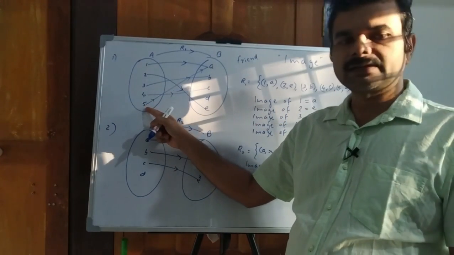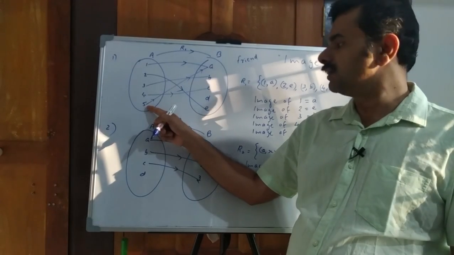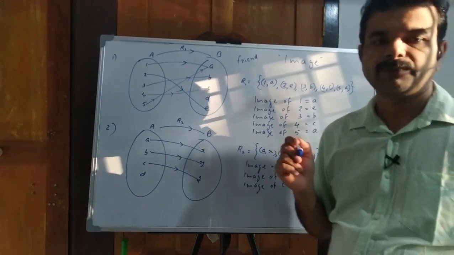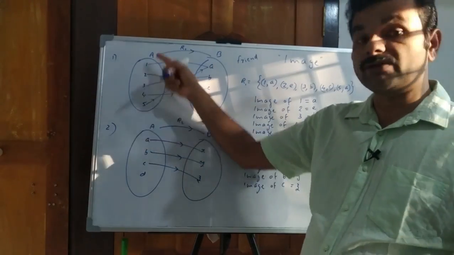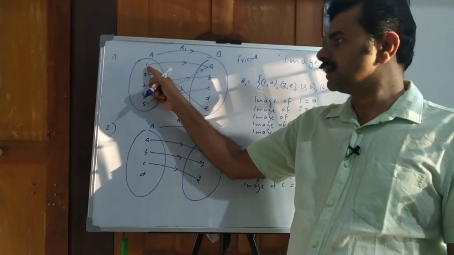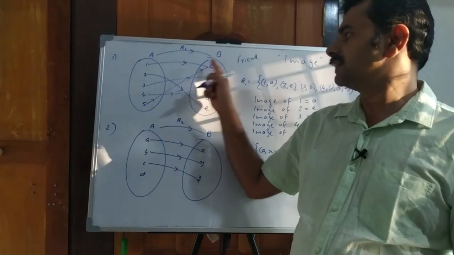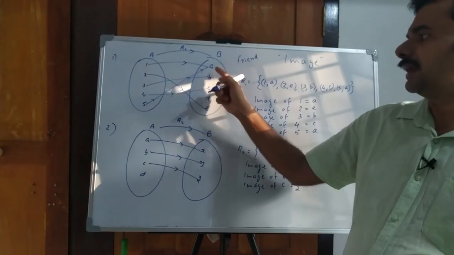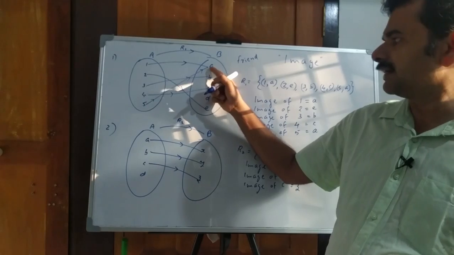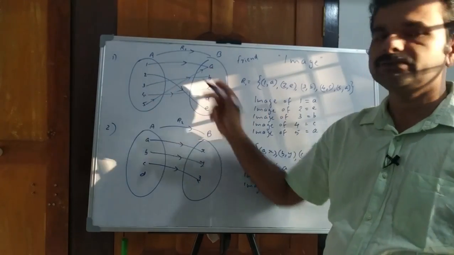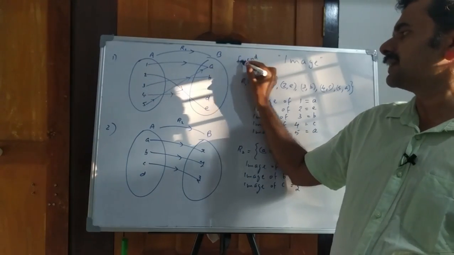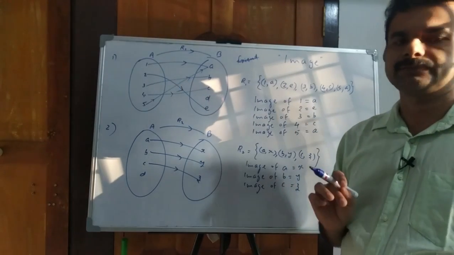How many fronts for this 5? Only one front, that is A. We don't know about 1 and 5 being fronts. But 1 has only one front, that is A. 5 has only one front, that is A. A is a front for both 1 and 5. So the relation is taken as front, for example, isn't it?